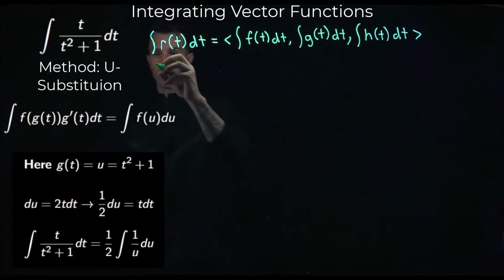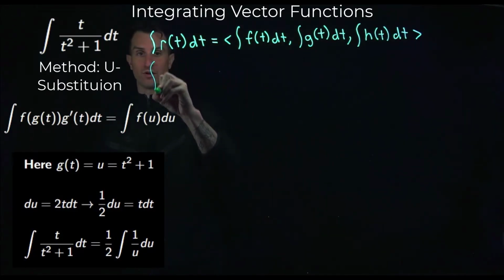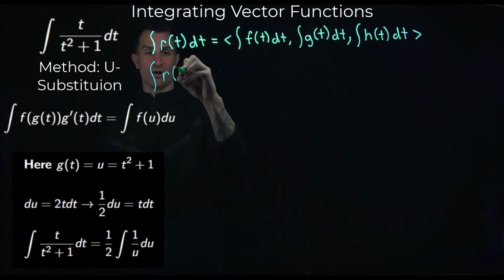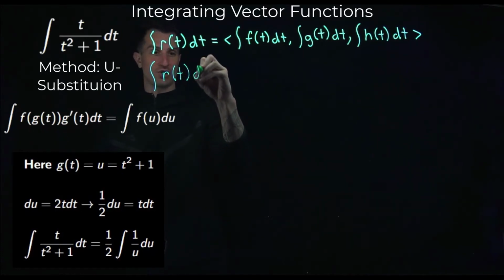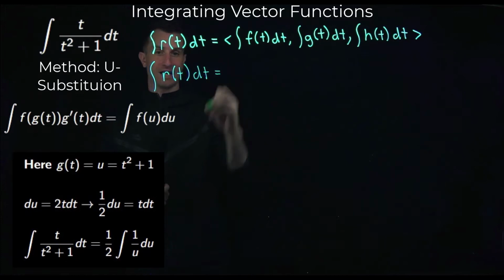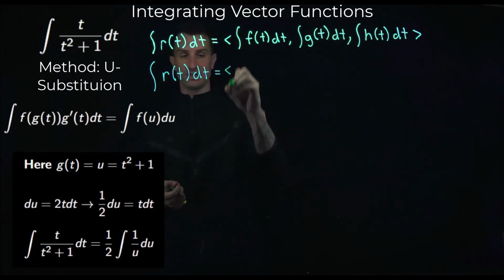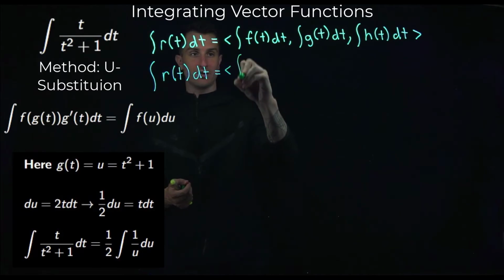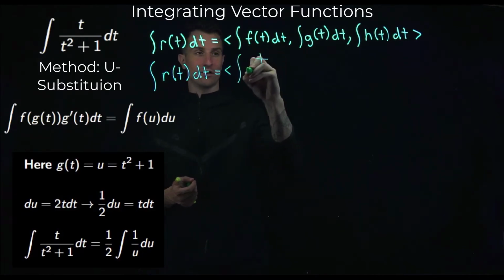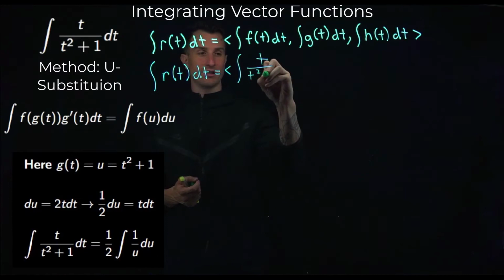I'm going to throw in a couple of curveballs just to get us used to our integration techniques we should know. So let's say I have the integral of r of t is equal to, and I'm just going to go ahead and write in all the integral signs. Let's say we do the integral of t over t squared plus 1.